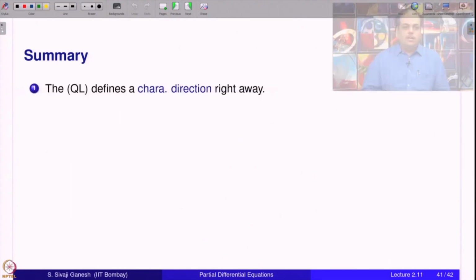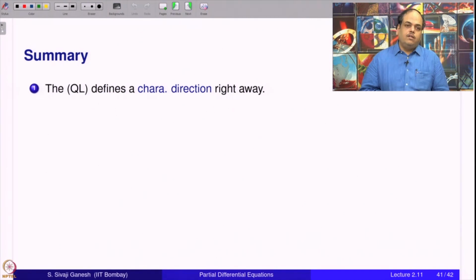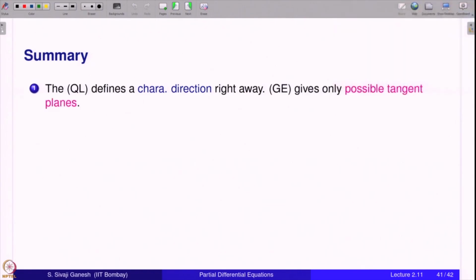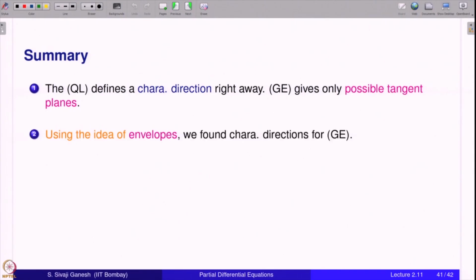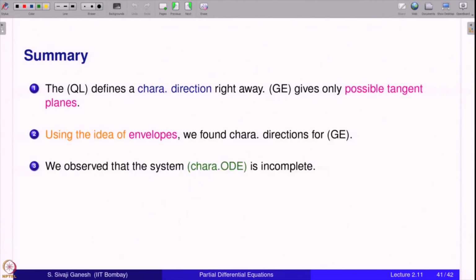So, let us summarize what happened so far. We saw that the quasi-linear equations has a characteristic direction right away given by the equation QL. GE gives only possible tangent planes, and using the idea of envelopes we found characteristic directions for GE, and we observed that the system Cara ODE is incomplete.